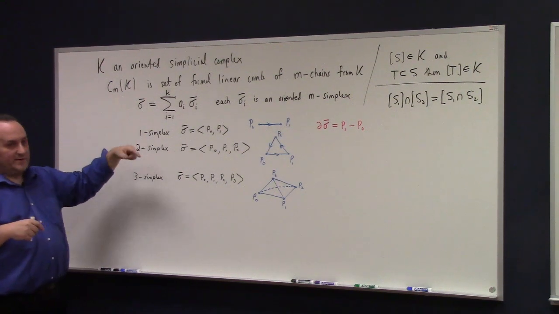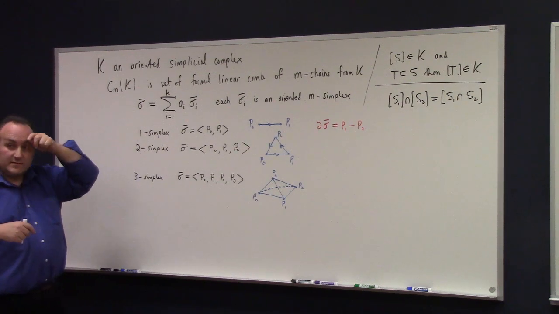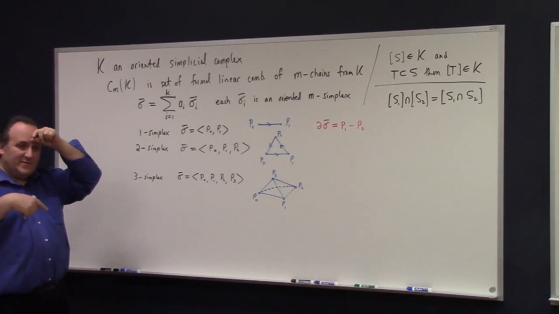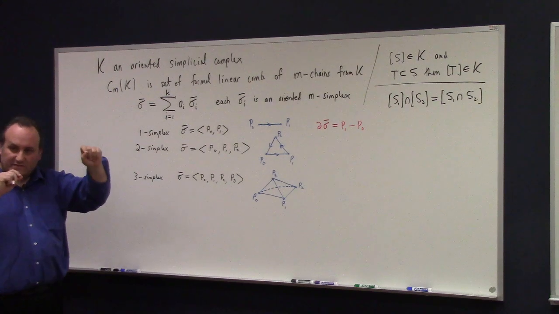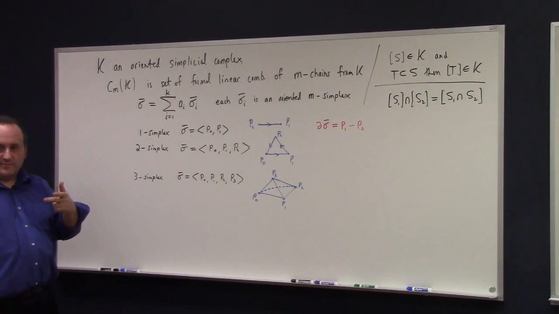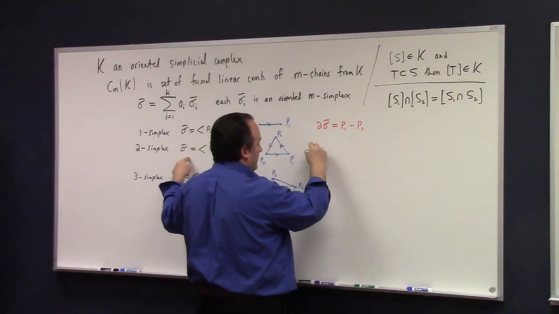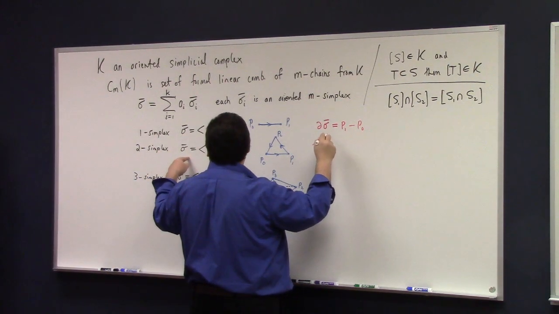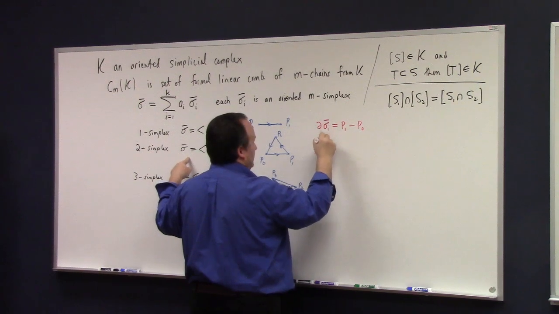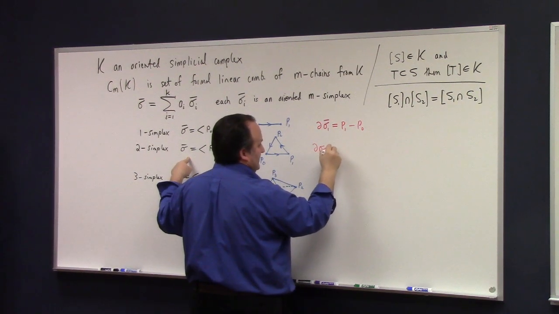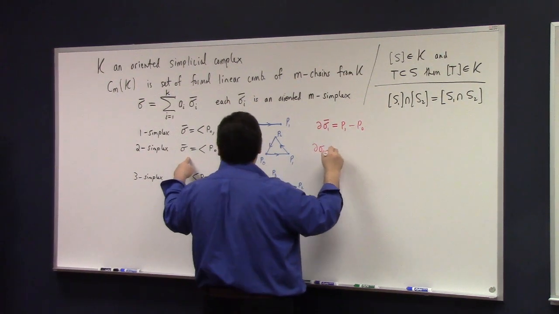C1k would be like formal linear combinations of 1 simplexes. So the basis elements in that space are actually line segments, theoretically. We'll see this in the calculations we do in a second, but the boundary operator here, let me put a sub 1 on this, a sub 2, is, well, here's the way it works.